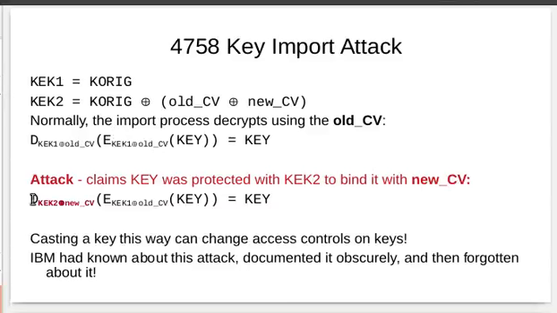So the attack was to decrypt, using not KEK1 but KEK2 with the new control vector, something that was encrypted using KEK1 and the old control vector, and if you do things just right, you could work back and get the key. So why should you do this? Because if you cast this key this way, you can actually change access control on keys and get access to things that you shouldn't be able to access.